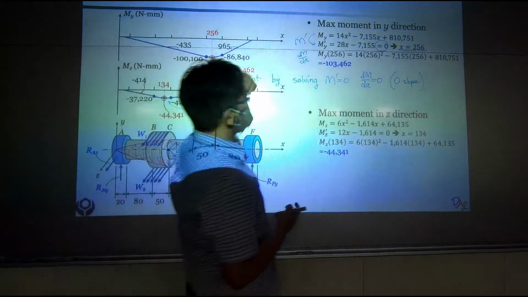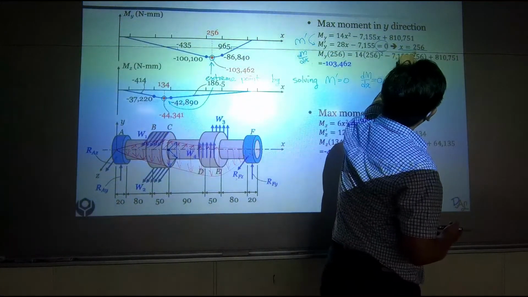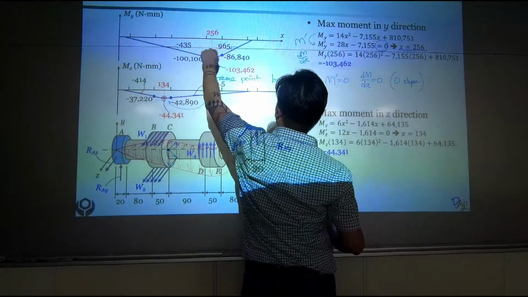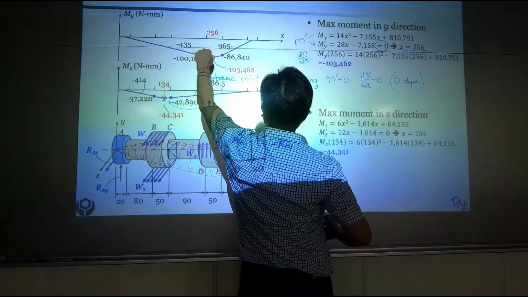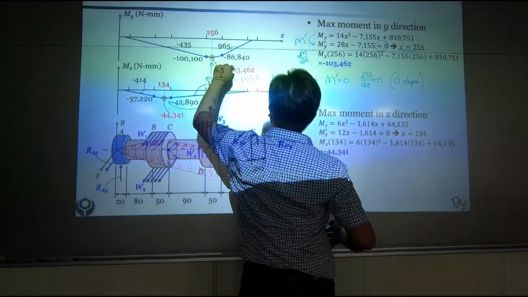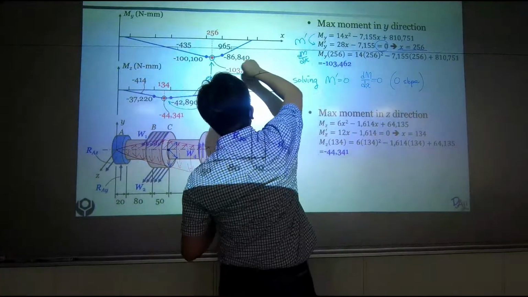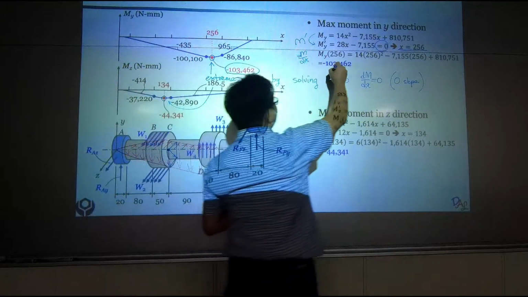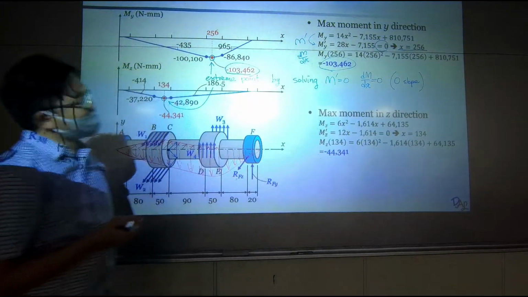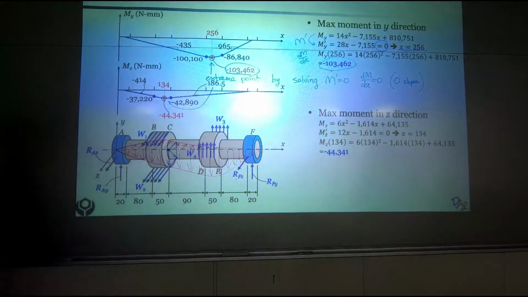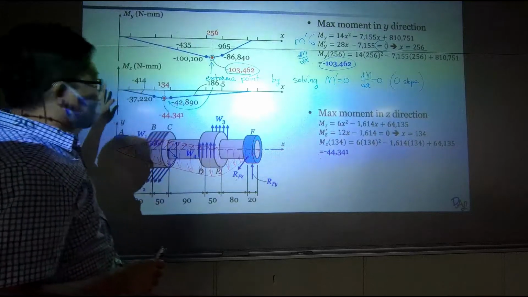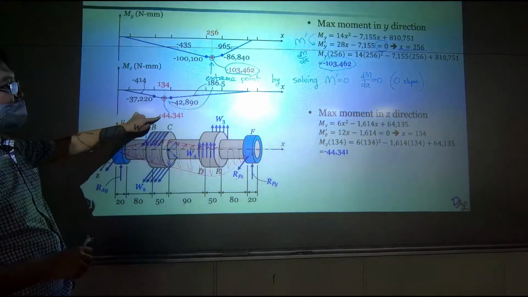Okay, and I plug the position back into the second order bending moment equation to calculate how much moment we will get at the end. So this is how you can calculate it. You just plug back the position. Similarly, I did the same thing for the z direction, and I got this magnitude.